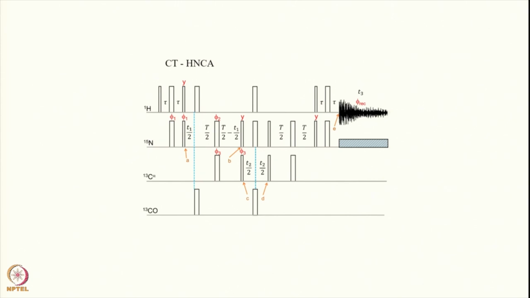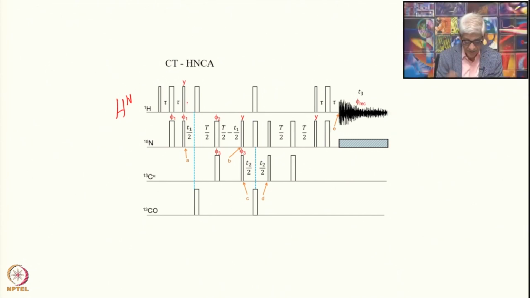So it starts from the proton as we can see here, and this is the amide proton which we label here. The amide proton starts from here, and then you transfer from this amide proton using the INEPT sequence. So you have the initial INEPT sequence here. So the magnetization flows from here and comes to nitrogen at this point, soon after that part.